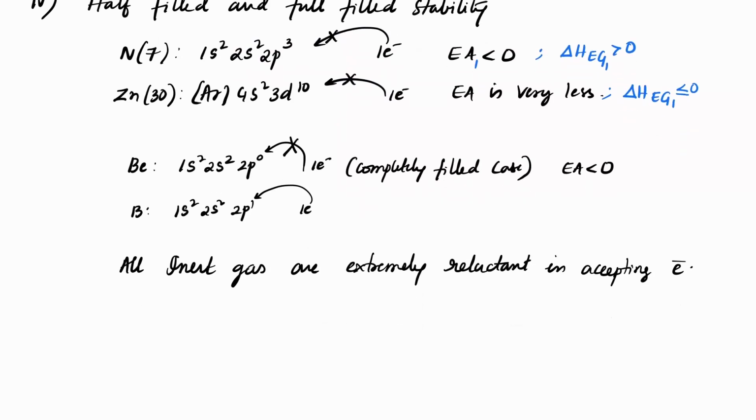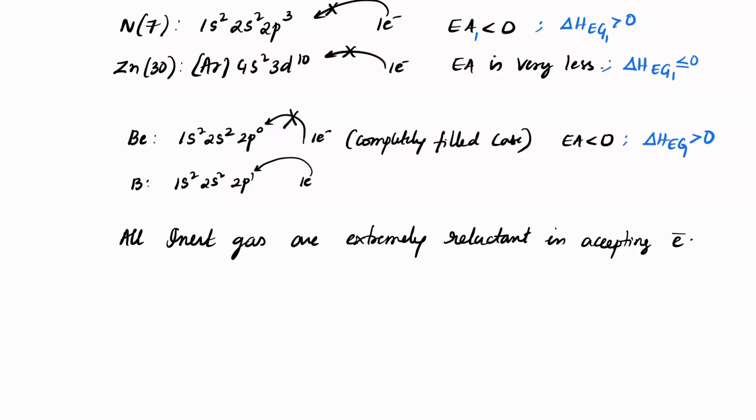While if it comes to beryllium, beryllium will also be very reluctant to take an electron because 1s2, 2s2 has been already filled. 2p will not be ready to accept an electron into it. Correct. So therefore, electron affinity is negative, which makes electron gain enthalpy positive.